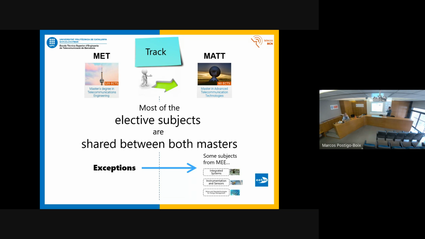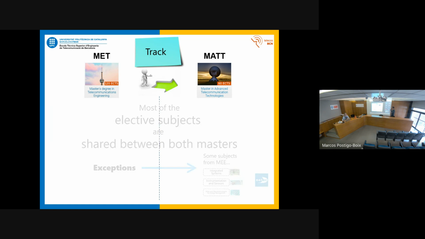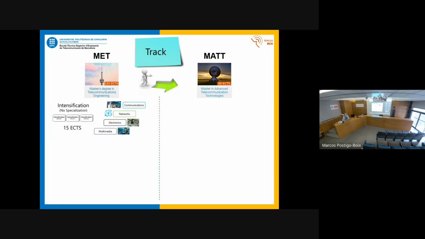These tracks have subjects that come from the master in electronics engineering. Also, the Master MAT is also given in Castelldefels, and you will find the tracks in Castelldefels with subjects from the masters in Castelldefels. So these are the main differences between Master MET and Master MAT. But the rest of the subjects, the elective subjects, are basically the same in both masters.